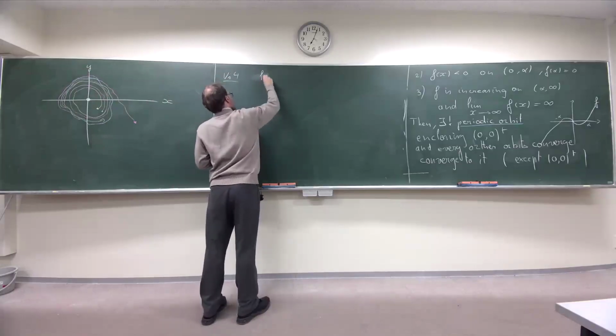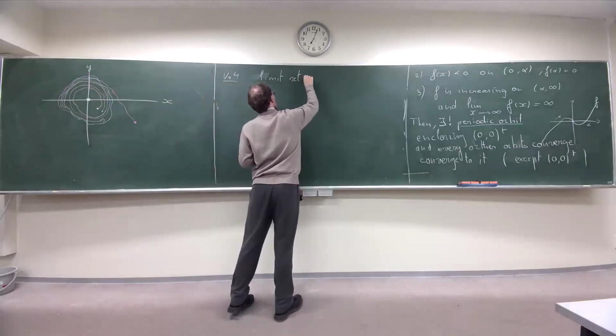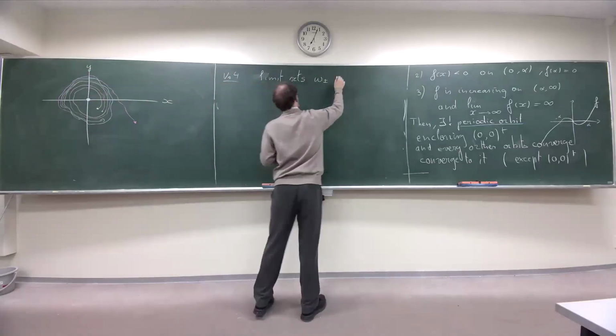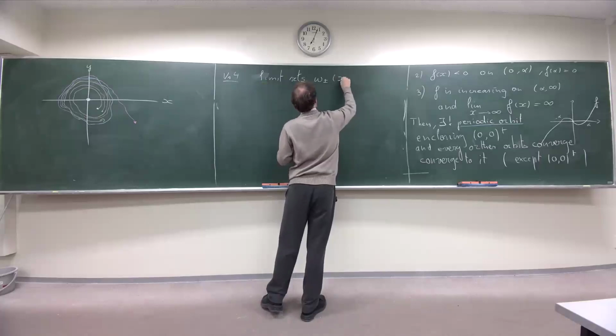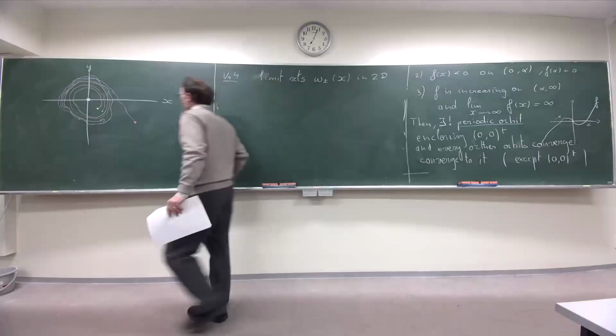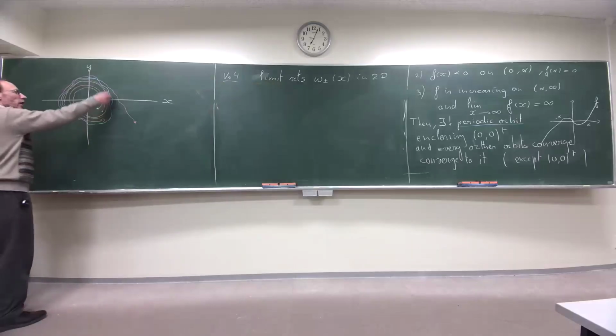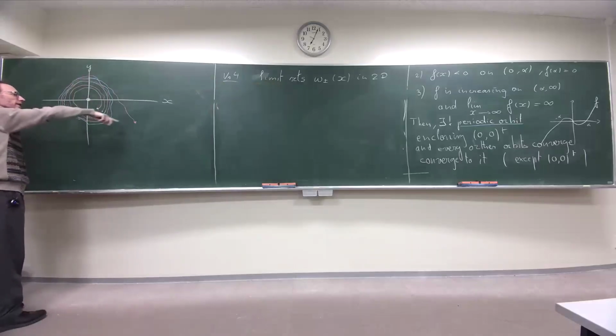These are limit sets in 2D. So remember, by the way, what is the limit set for all these trajectories? The limit set for all these trajectories is the blue periodic orbit, because any initial condition is converging to the blue one.